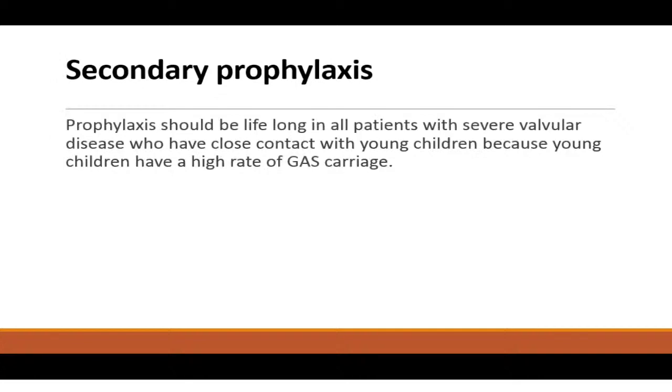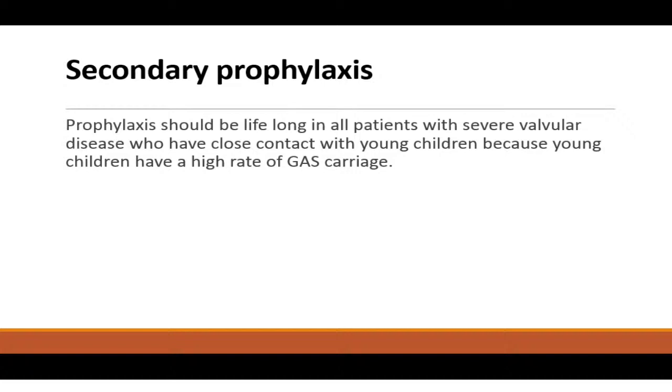Sometimes patients with, as I said before, severe valvular disease, some of these patients have lifelong secondary prophylaxis. And of course, if this patient has contact with children, who more often have carriage of group A streptococcal infection, so this patient needs to be under secondary prophylaxis for their whole life.